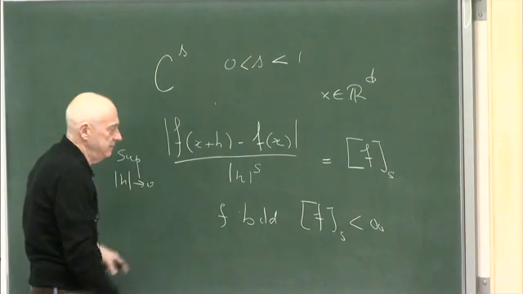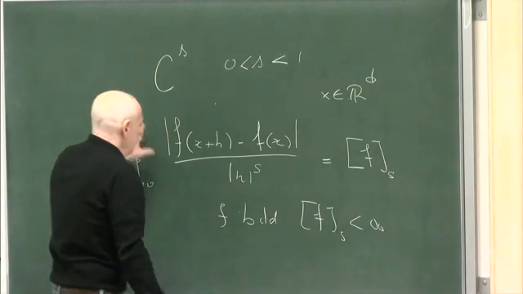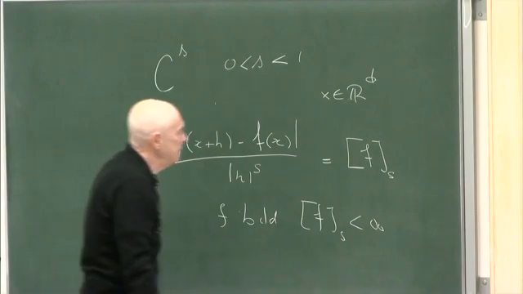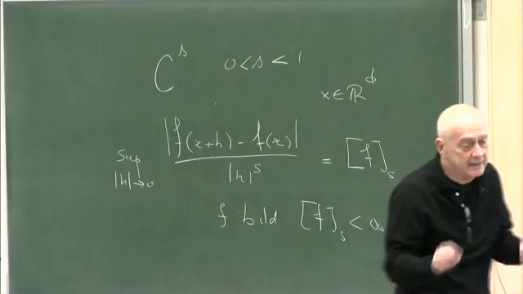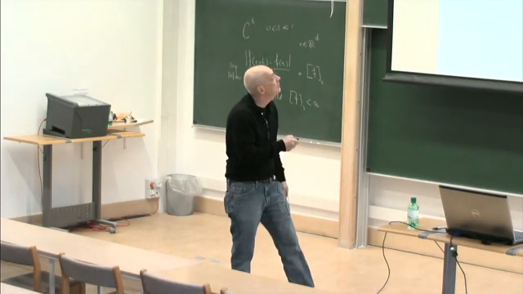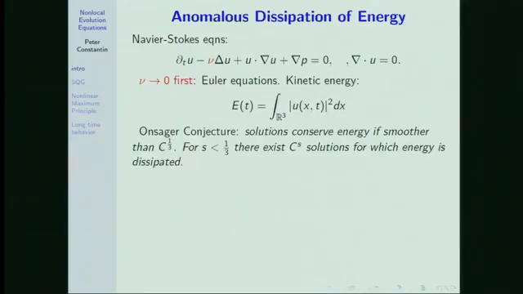But I don't want to write it because I don't like to mix dimensions. So essentially, that's what C^s refers to. So for functions that have Hölder continuity exponent of 1/3, according to Onsager, there should exist solutions, quote unquote, for which the energy is dissipated at s equals 1/3 or less.